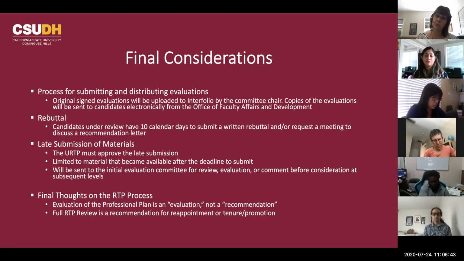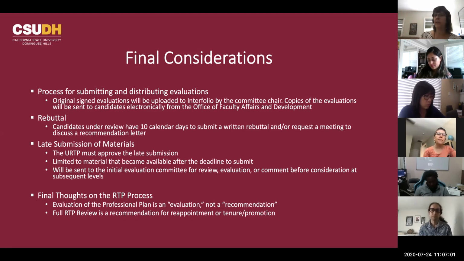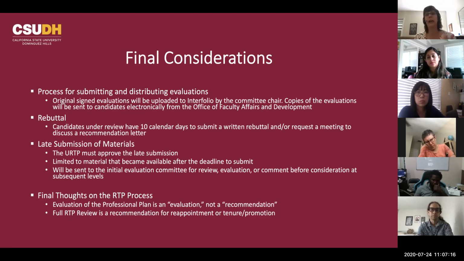So you would contact our office and ask for permission to add this to your file. We would then pass that on to URTP to consider it, and they would make a decision. If it was an affirmative decision, then it goes all the way back to the first level of review, so they can reconsider whether that might impact their evaluation.